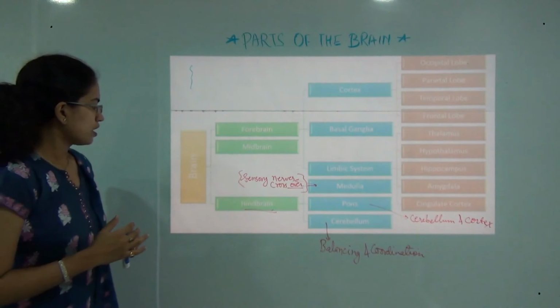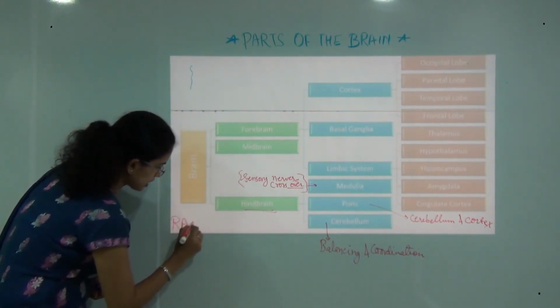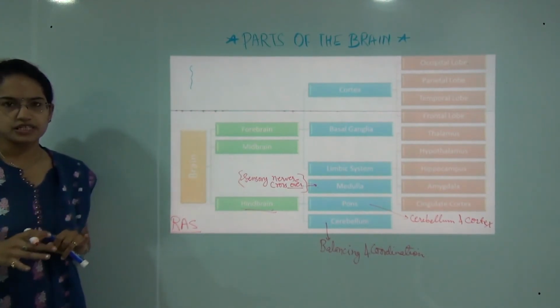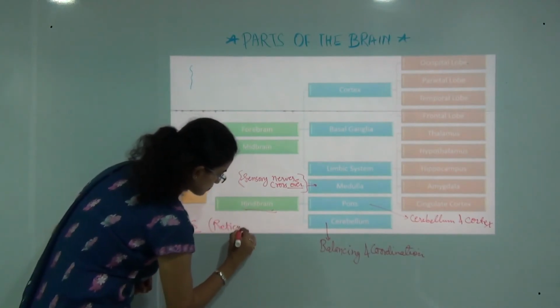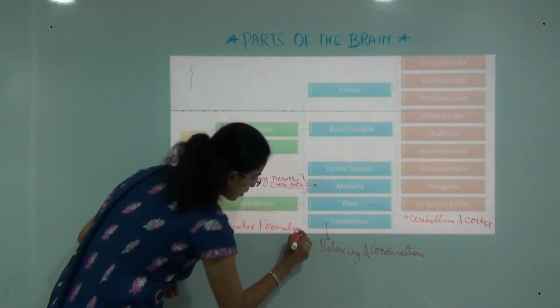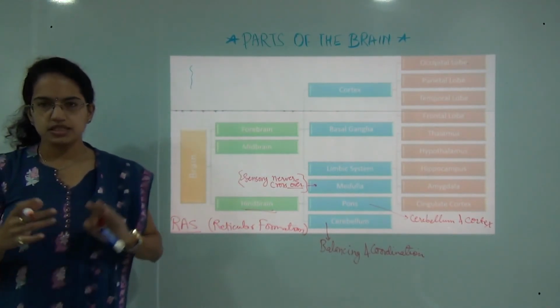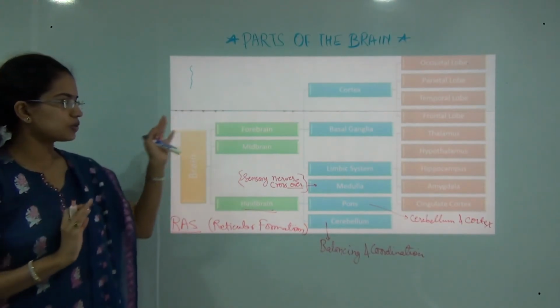Now, under brain, when we study, there is an important part that is known as RAS or reticular formations. We call it RF or reticular formations. Now what is RF or RAS? These go from hindbrain to midbrain and finally to cortex.